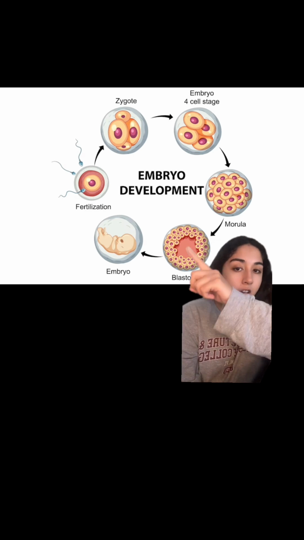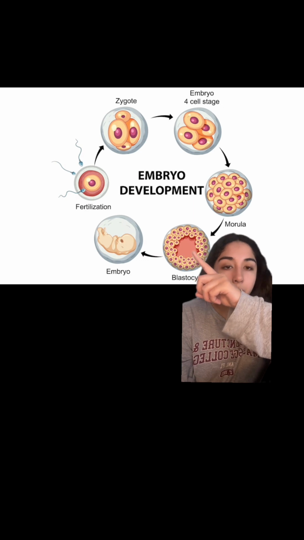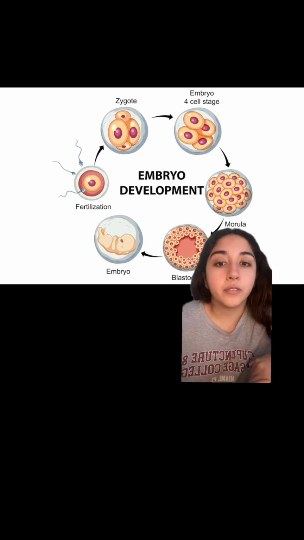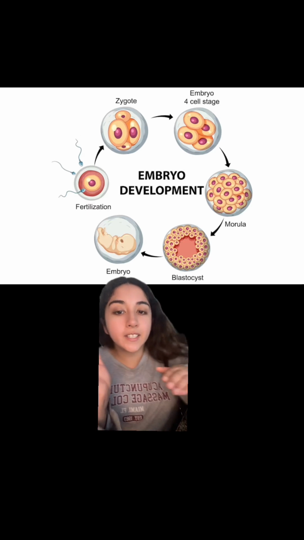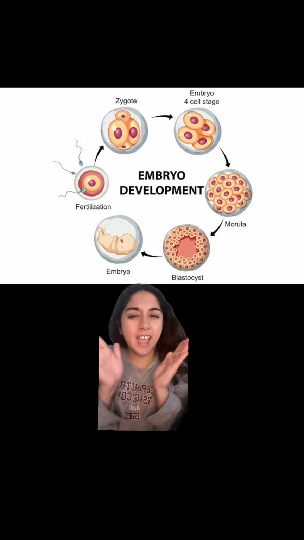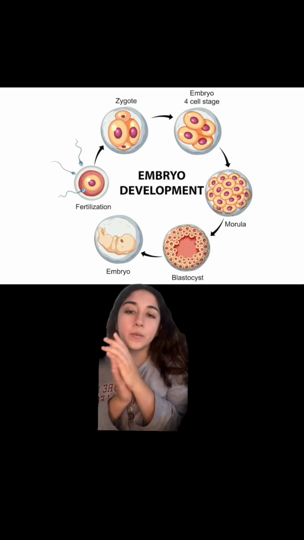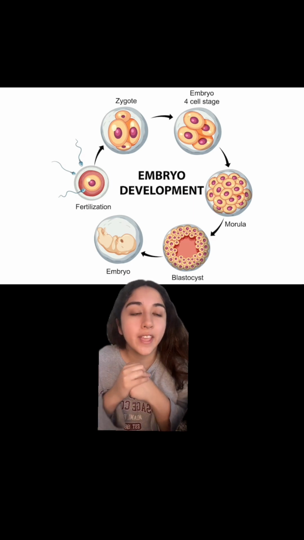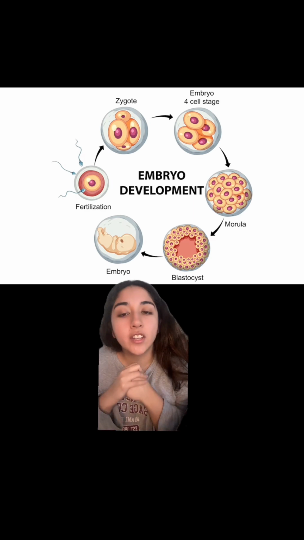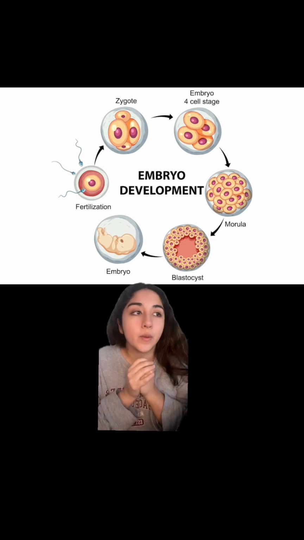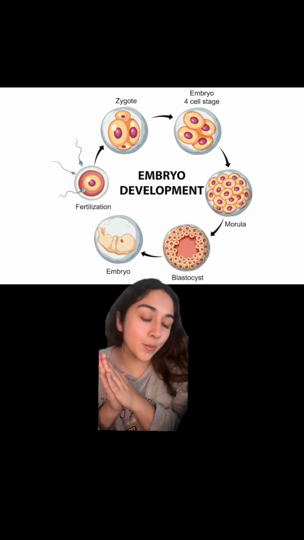The inner cell mass will become the embryo in the future. Between days 6 and 10, the blastocyst will implant itself officially on the endometrial lining, which would make the start of the pregnancy.